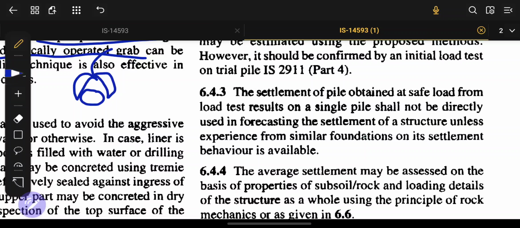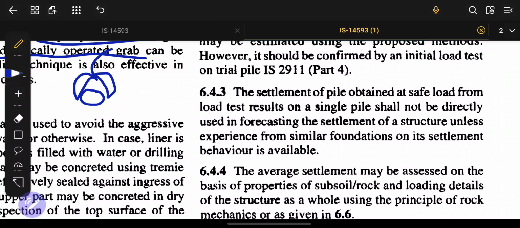So what they are saying is, when you are evaluating pile settlement from the load test on a single pile, suppose from the initial load test you are arriving at a pile capacity of say 1000 kilonewtons for a settlement of 12 mm. By doing this, you cannot say that your whole pile foundation with n number of piles will also settle by 12 mm for n into 1000 kilonewtons.